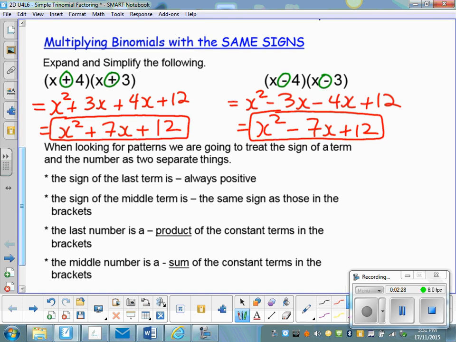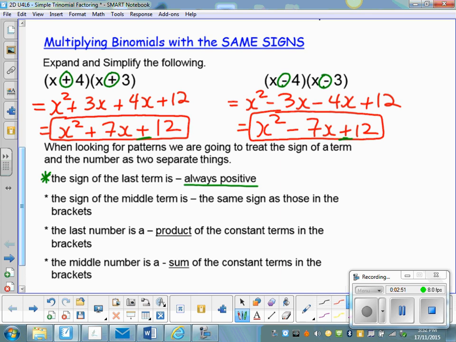When we multiply binomials that have the same signs, the first thing we can say is that the sign of the last term is always going to be positive. It doesn't matter whether we're multiplying negatives or positives, the last term is always going to be positive in our final answer.